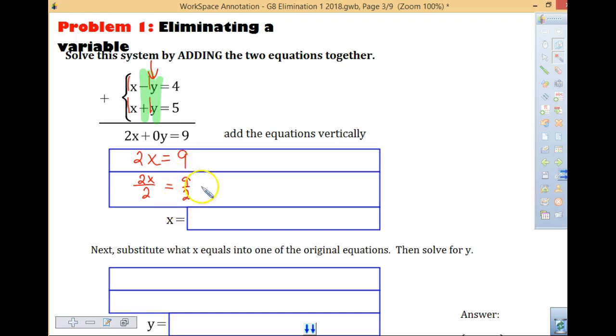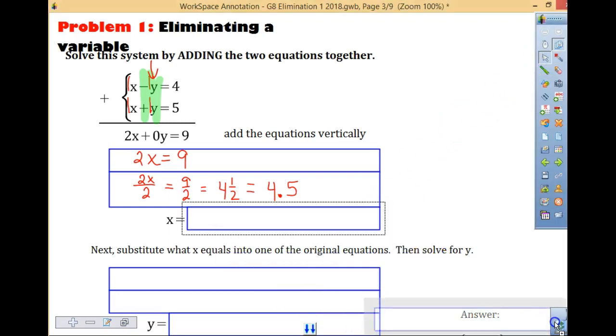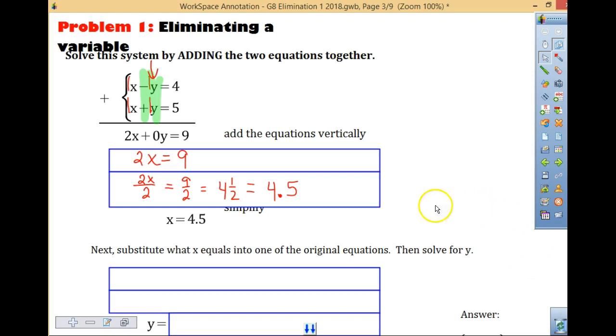Could I leave this on our worksheet today? Sometimes it was left as an improper fraction, 9 over 2. 2 goes into 9, 4 and a half. And a lot of times we even like the decimal better, 4.5. So my value of x is that x is going to equal 4.5.